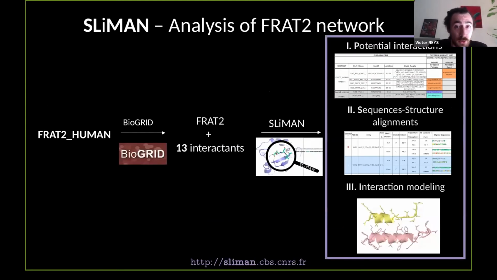So if we go to our analysis of the FRAT2 network, we can proceed with the same procedure. We retrieve all the 13 FRAT2 interactants, and then we submit them to SLIMAN to analyze them in three different steps: first, the potential interactions, then the sequence-to-structure alignment, and then the homology modeling.